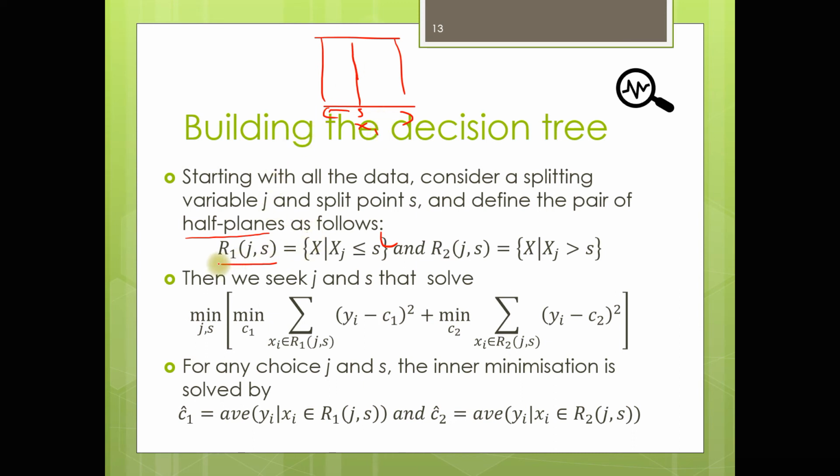R1JS defines all values of x for which xj, in our example x1, is less than s, but I repeat, it's not necessarily 1. It can be any j, any split variable. So basically, this represents the split variable, and this represents the split point. By defining that, then we can proceed.